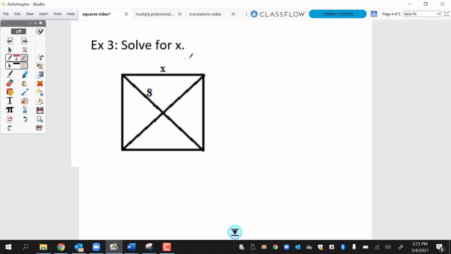Number 3, solving for x. Now, in this one, they gave me parts of the diagonal right there. But we know this triangle in the middle is a right triangle because the angles in the middle equal 90. And if I'm trying to solve for x, I'm going to use a squared plus b squared equals c squared to figure that out.